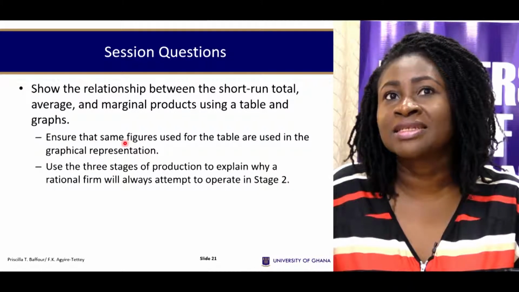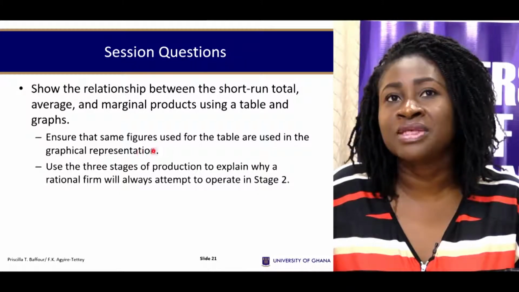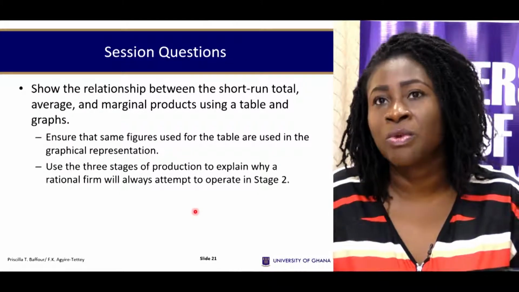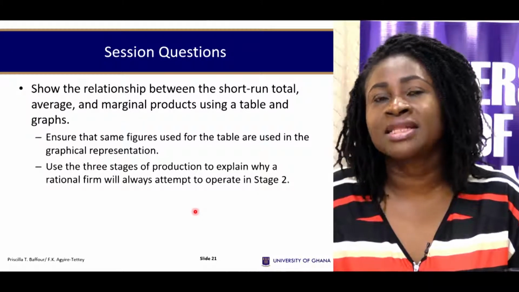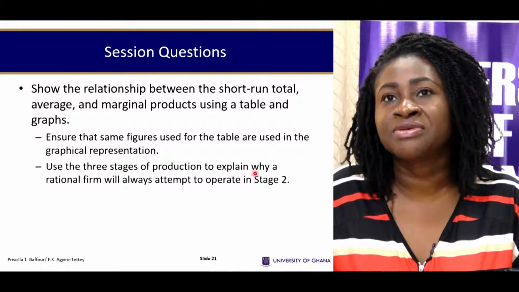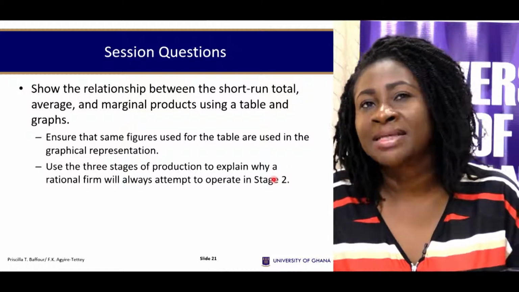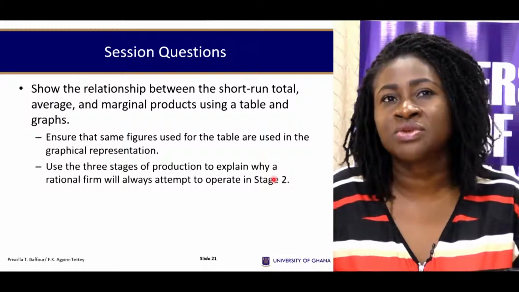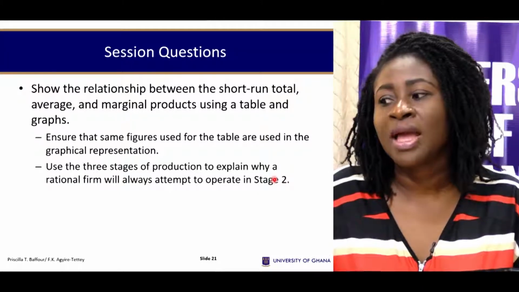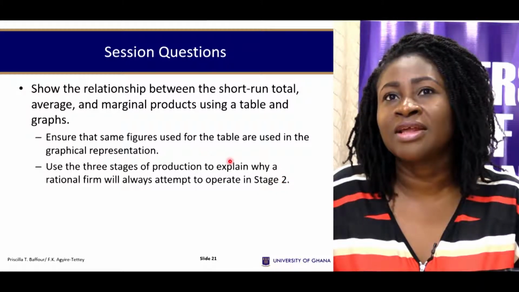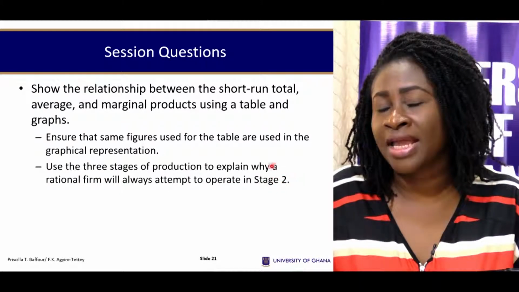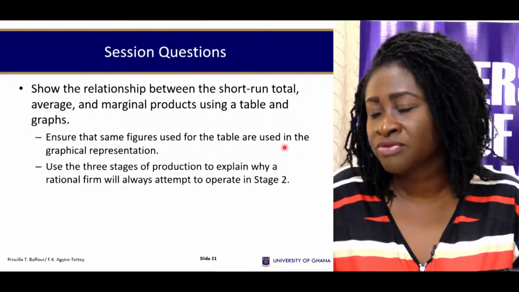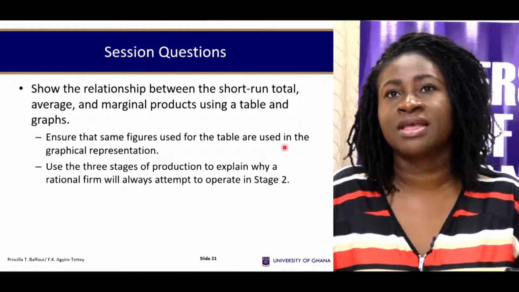So ensure that the same figures are used for the tables as you use for the graphs to know the points that we are trying to raise in terms of the maximum, marginal, and average product and the total product as well. So in your textbook, find a numerical example and try and derive the graphs and the tables from it. All the best once again, and thank you.